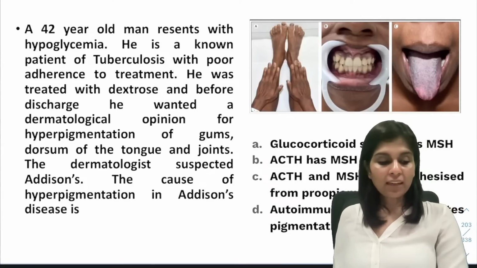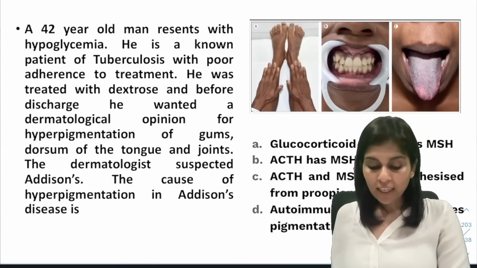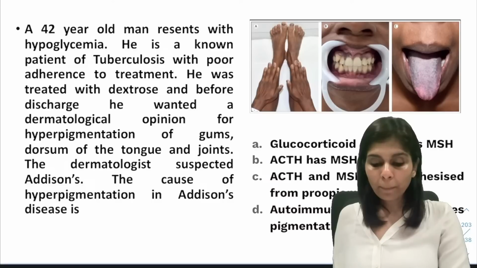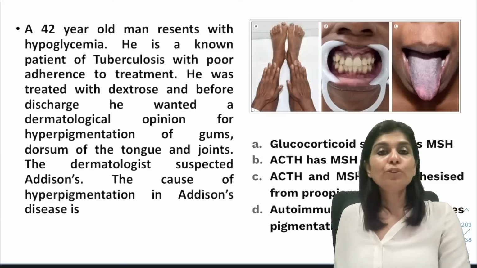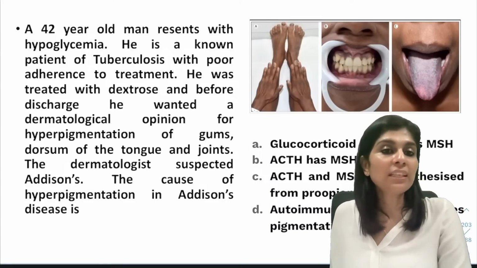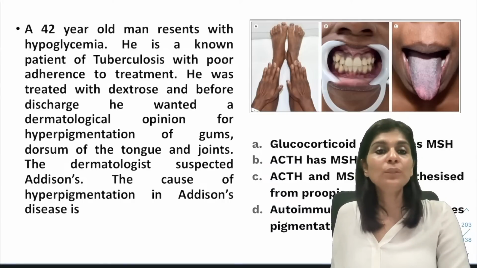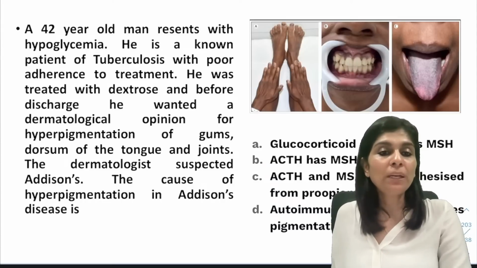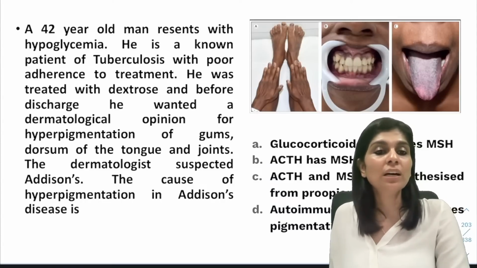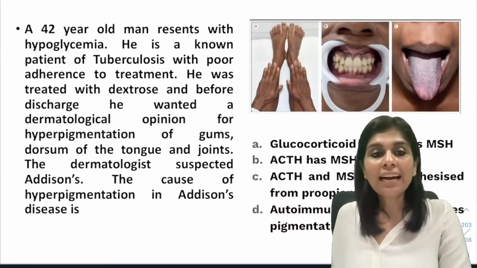So this will be the last MCQ for this session. A 42-year-old man presents with hypoglycemia. He is a known patient of tuberculosis with poor adherence to treatment. He was treated with dextrose, and before discharge, he wanted a dermatological opinion for hyperpigmentation of the gums, dorsum of the tongue and joints.